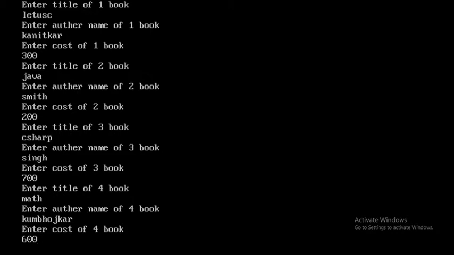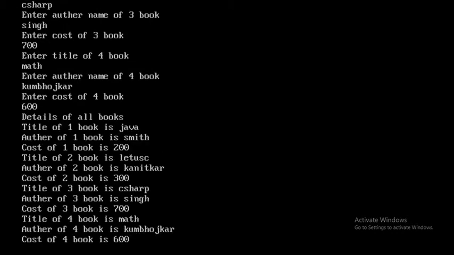So let us verify the output. See here, title of first book is Java. Observe the cost. Initially it has displayed the books with the lower cost, 200, followed by 300, then 700.